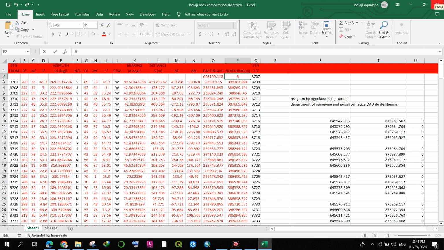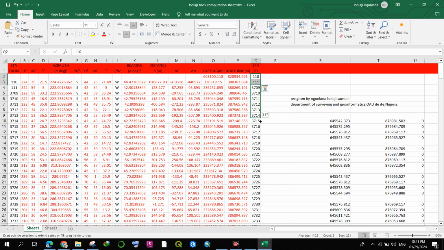This is 828934.961. That's the first one. So we already assume that this corresponds to 0110. Since it is Excel, it will be automated, so I'll just use the automated form to do that.